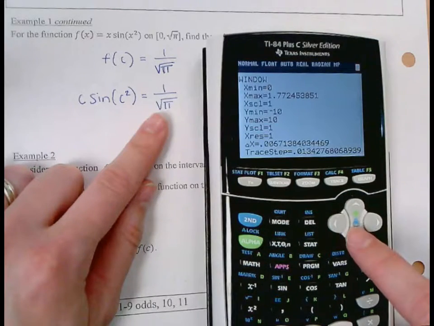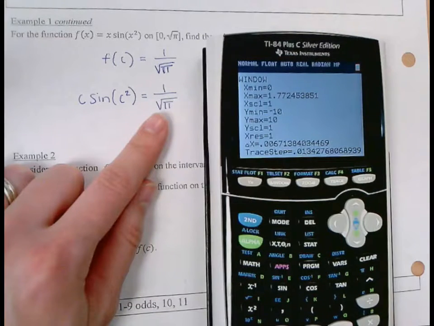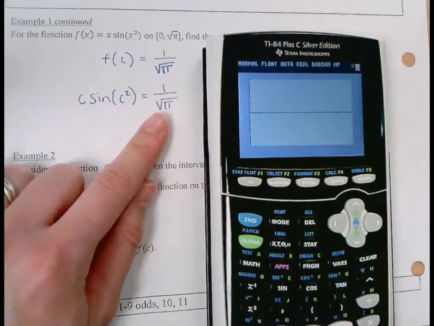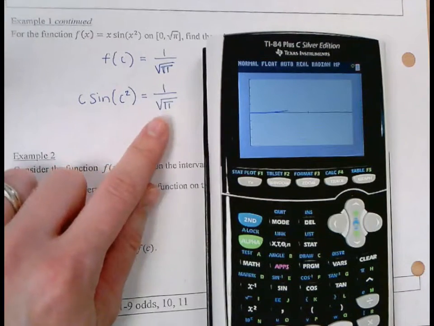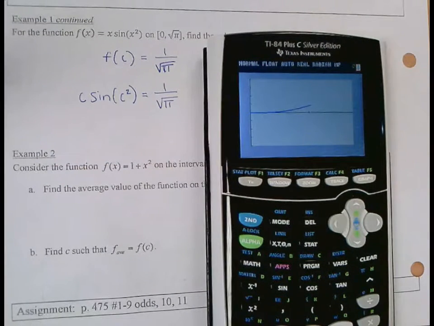I'm going to change my y min and max to not be as great of an interval, so maybe negative 4 to 4. It's zoomed in a little bit. You should see for this there are 2 intersections. So that means 2 values of c satisfy the mean value theorem, and you'd have to find both.